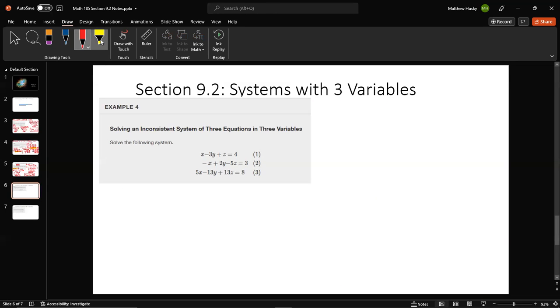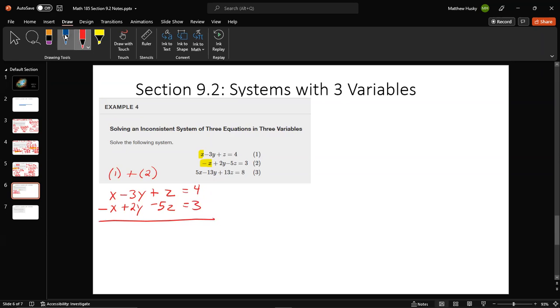So what I'm going to do, yet again, what you will notice, here's an x and a -x. Those will pair off nicely with each other. So what I can do is I can do equation 1 plus equation 2. Let's go ahead and do that and see what we obtain. So if I do x minus 3y plus z equals 4, and then we're going to add to that -x plus 2y minus 5z equals 3.